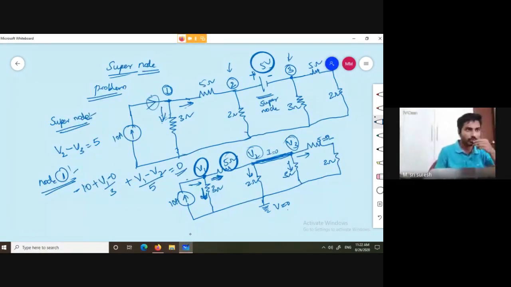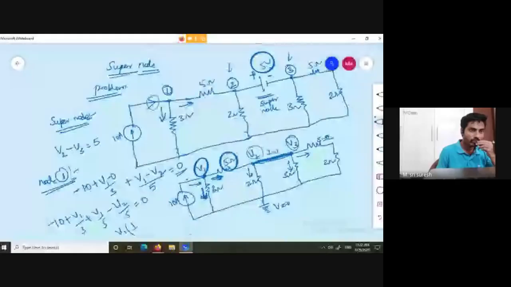See, I am solving this particular equation again. Minus 10 plus V1 by 3 plus V1 by 5 minus V2 by 5 equals 0. Take V1 as common.